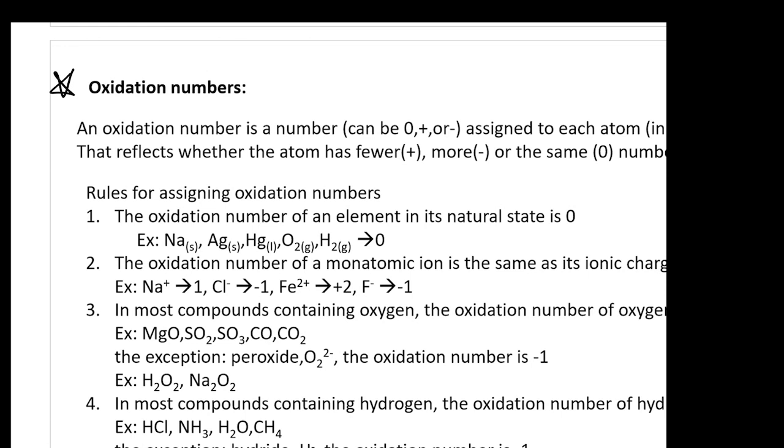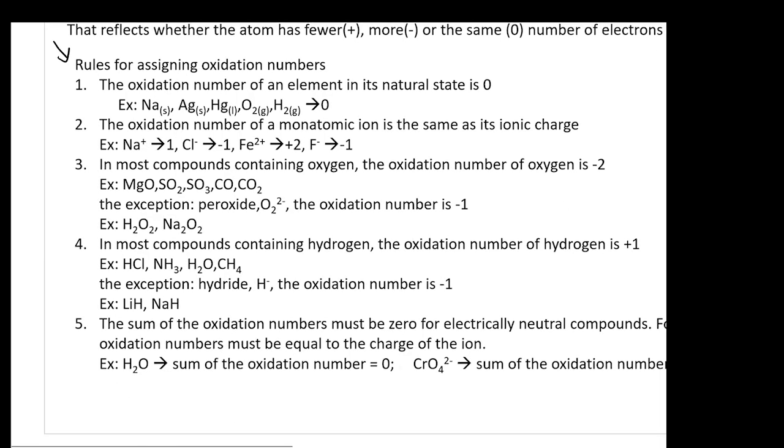The way you figure out the oxidation number of any atom typically follows the 5 rules we highlight here. Rule number 1 is that if you see a substance or chemical formula existing in its natural form, then the oxidation number of that species is 0.